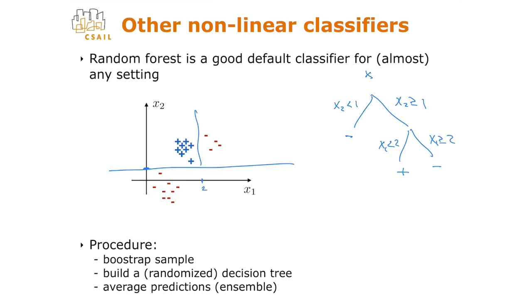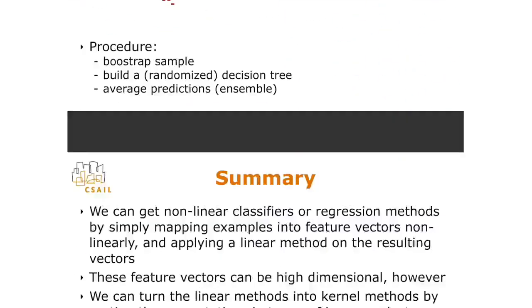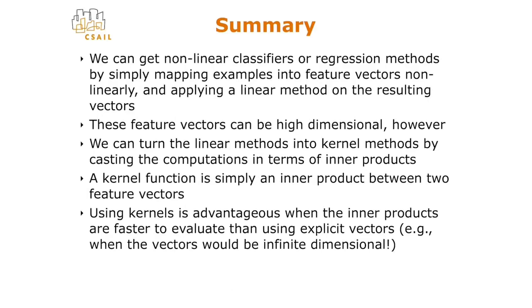And there are many other alternatives for nonlinear prediction as well that we will not go through here. All right, so in summary, what we've seen is that we can take a linear method and operate with just the linear method so long as we map the examples nonlinearly into feature representations, and we get a method that's much more powerful.